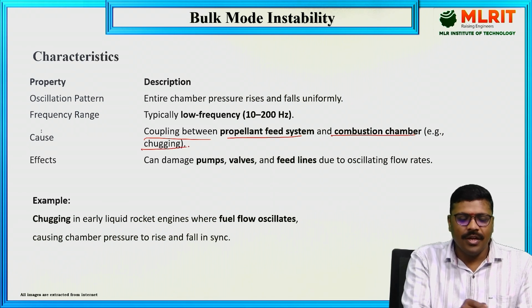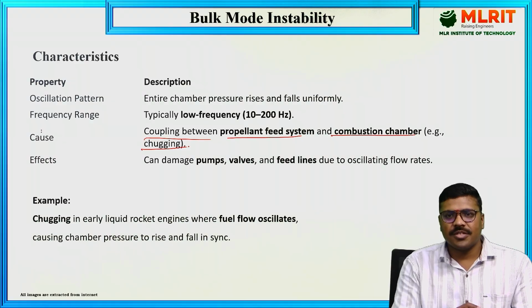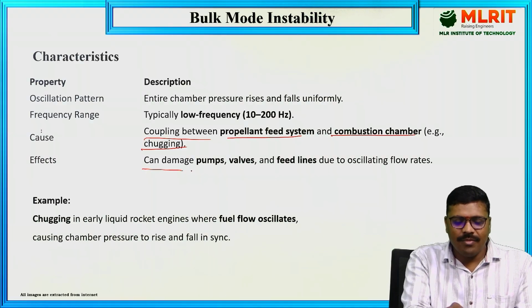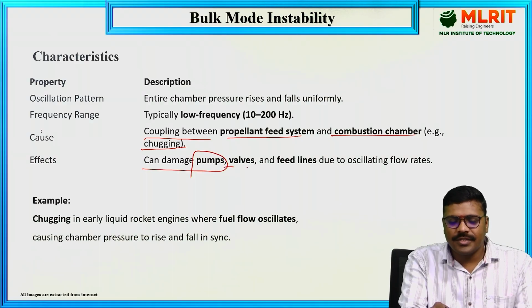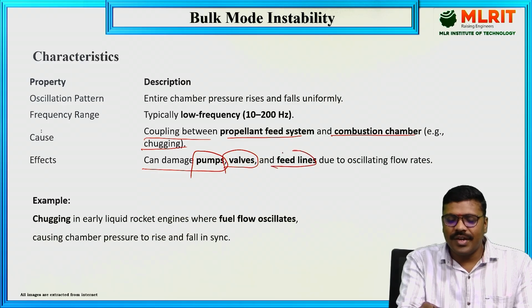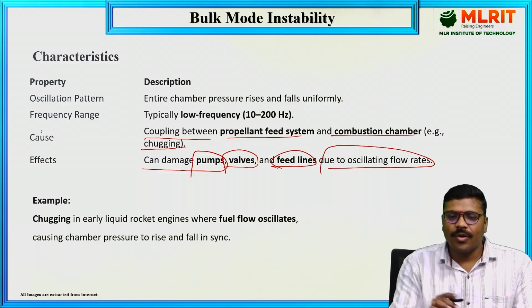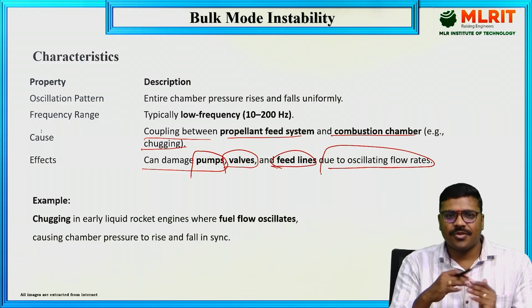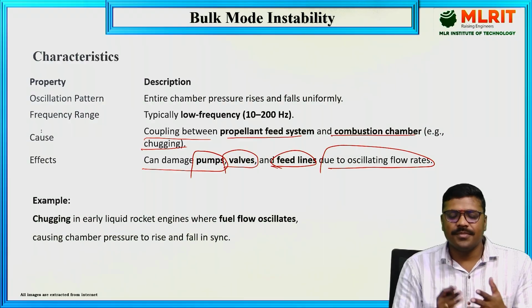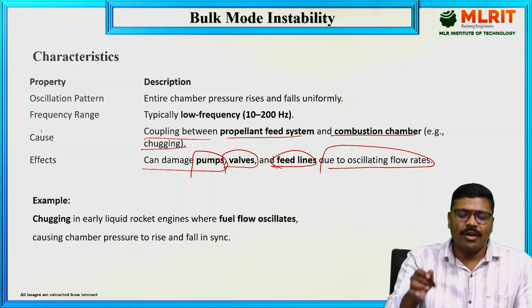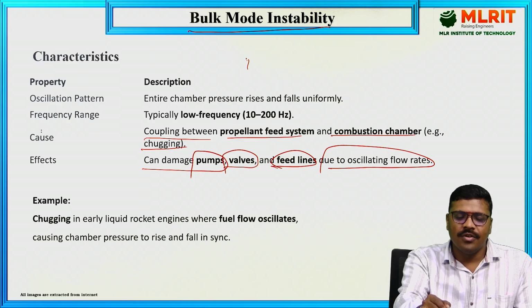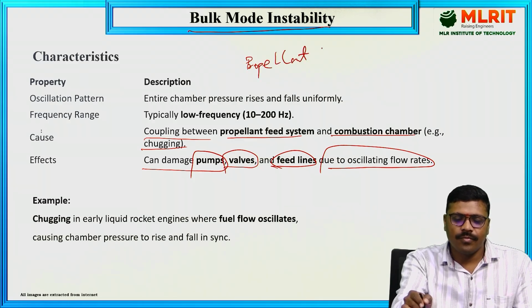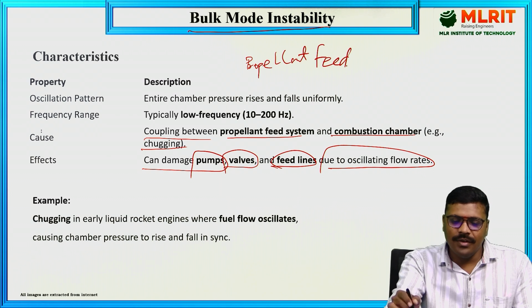The coupling between the propellant feed system and the combustion chamber will cause the bulk mode of instability, which is an example of chugging. So the effects of this combustion instability: it can damage the pumps, the valves, and the feed lines due to the oscillating flow rates. The flow fluctuates, right? So the bulk mode of instability mainly affects the propellant feed system.